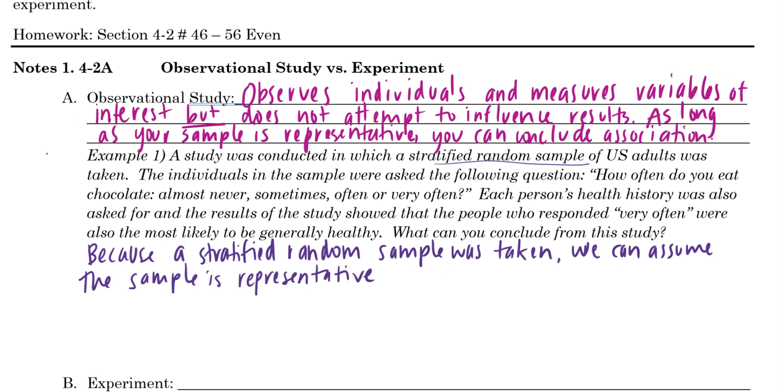So who did they take this sample of? It says they took a stratified random sample of U.S. adults. So this stratified random sample should be representative of the population it came from, which is U.S. adults.